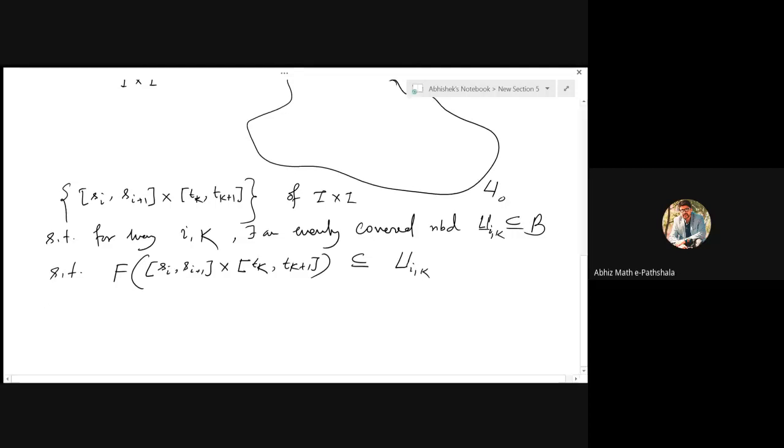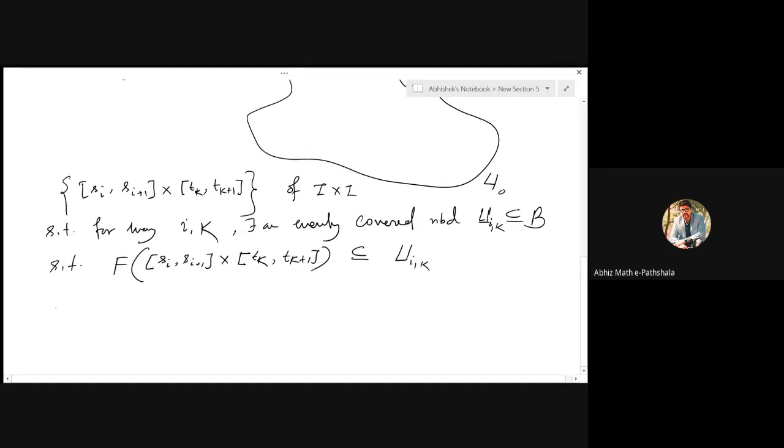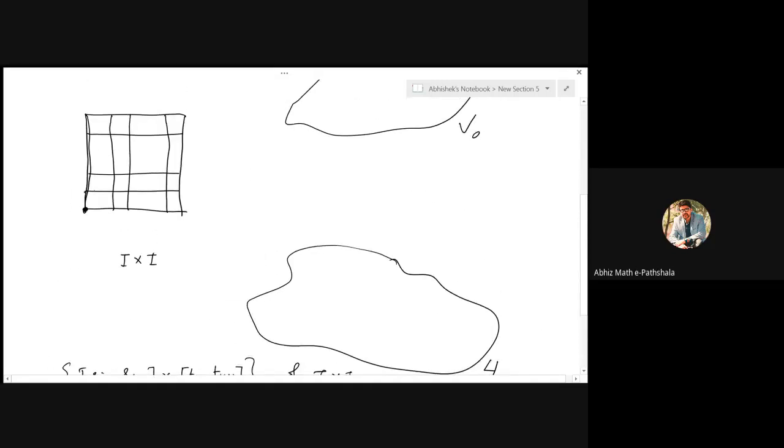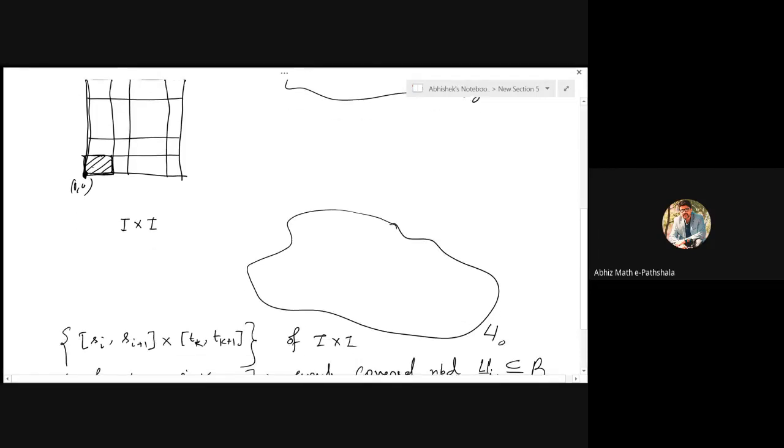And let us start from the square, this one. This is your trick. You need to start from that square, and this is your 0, 0. You have already specified the value of f at 0, 0, which is b naught.